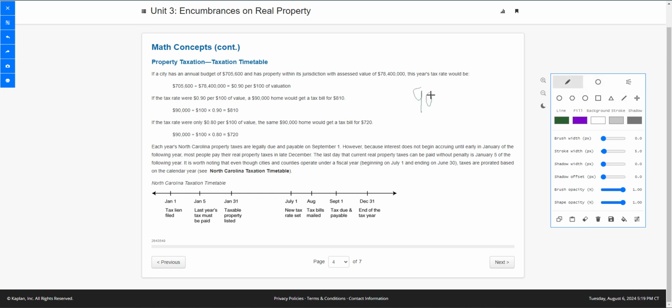When you take 90,000 and then you divide that by point, no. You don't divide, you multiply. That's quicker.